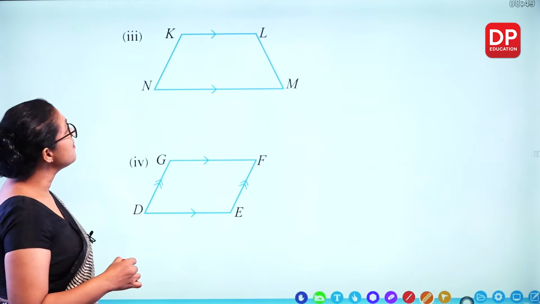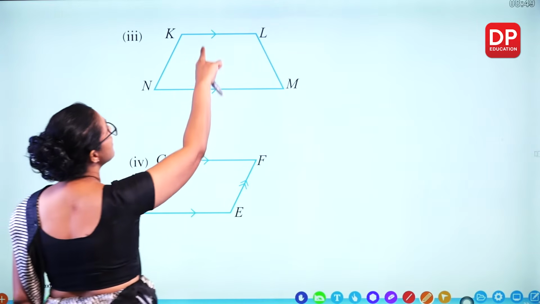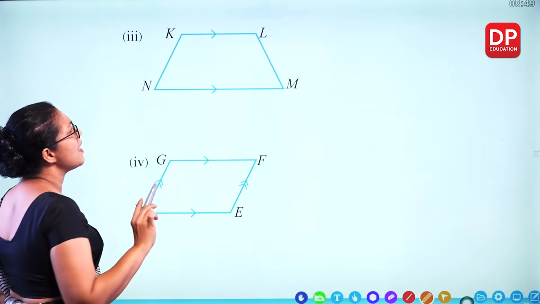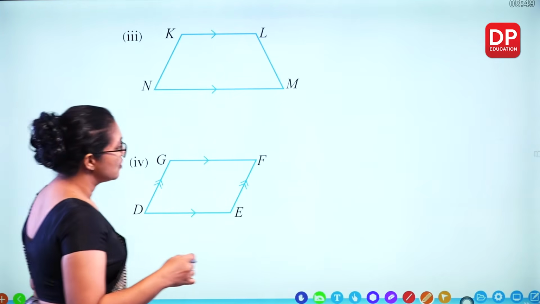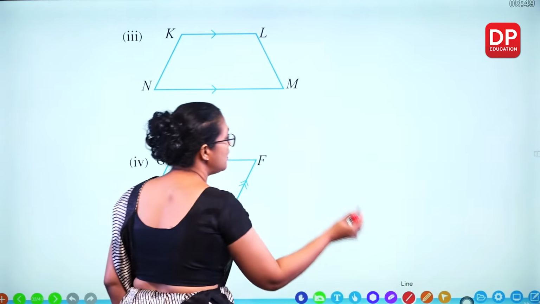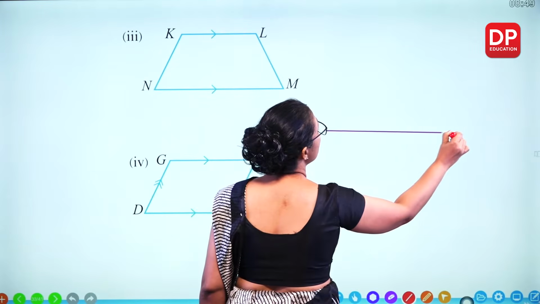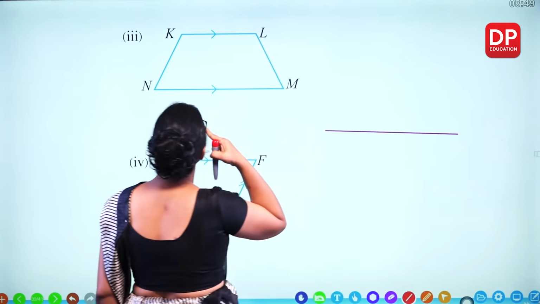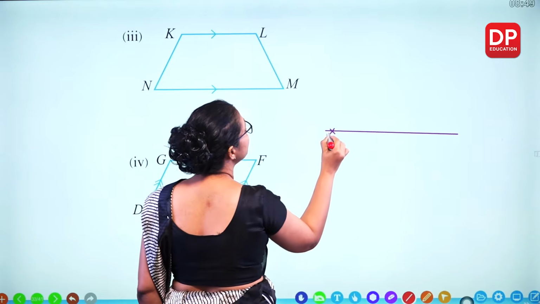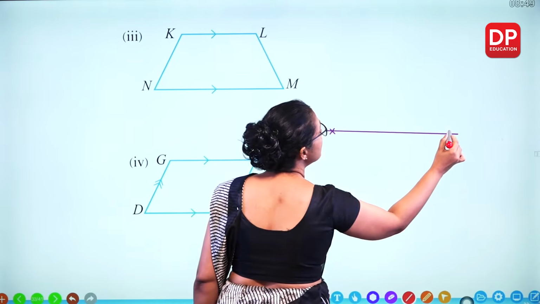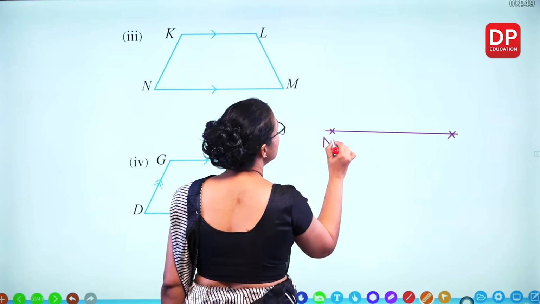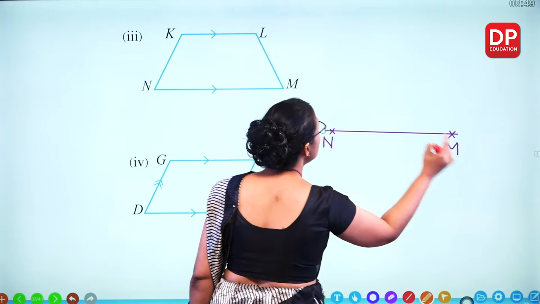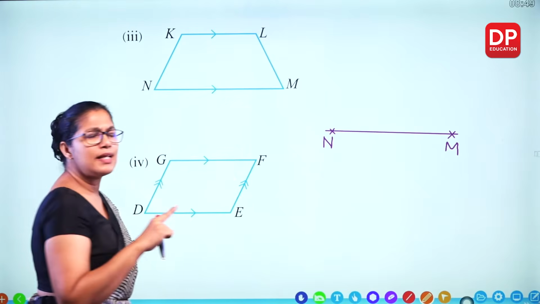A trapezium like this, so you get parallel lines here. These 2 lines are, you can take any point. So what you do, you can take the ruler and draw a line first. And then you can mark M and N. So M here, N here. So you need to draw a parallel line.